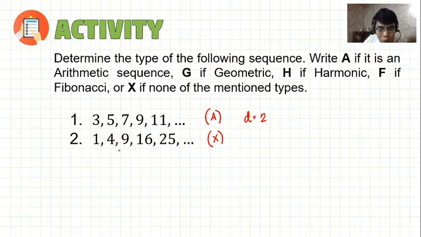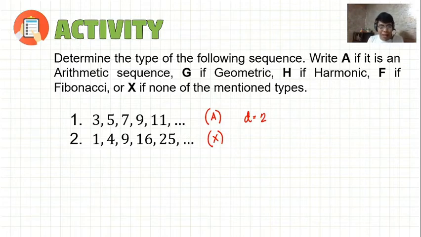So, from that alone, hindi siya arithmetic. Hindi common yung differences. How about geometric? 4 divided by 1 is 4. 9 divided by 4 is 9 over 4. So, from that, the common ratio is not satisfied. So, therefore, hindi common yung ratios. So, if that's the case, hindi siya geometric.